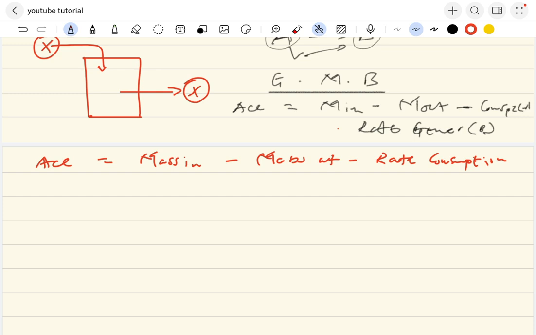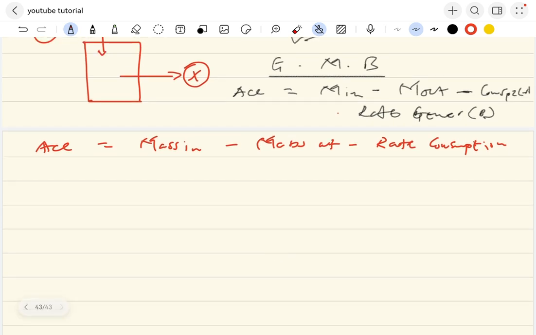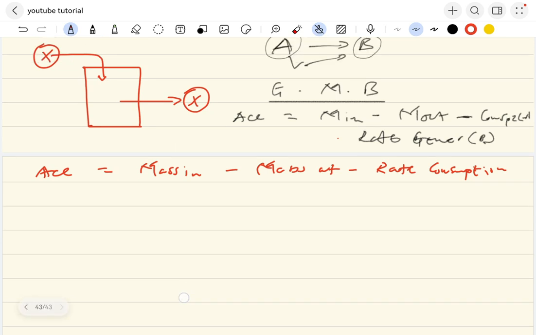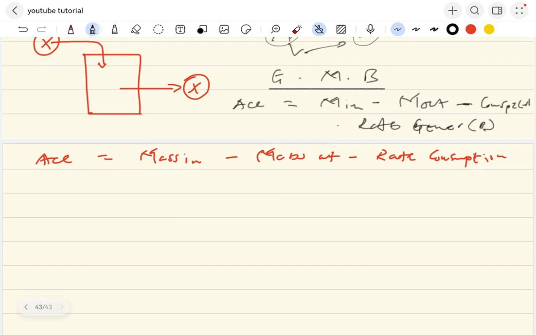So in simple idea, because we are dealing with a reaction, it's better to write everything in terms of moles. You understand? So how can we do that?